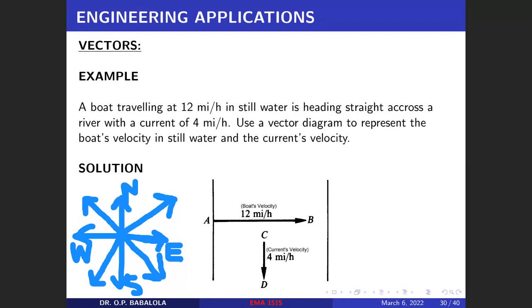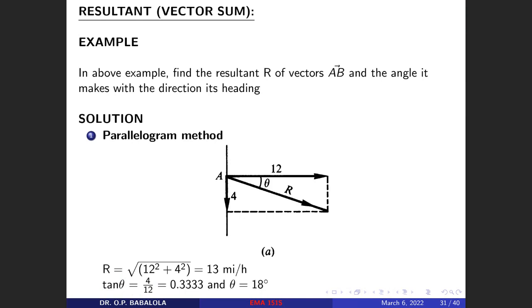So here we're considering the same example, and we want to find the resultant of both vectors. You see now, I have put that arrow on AB to tell you this is not just a line, but a vector. You see?